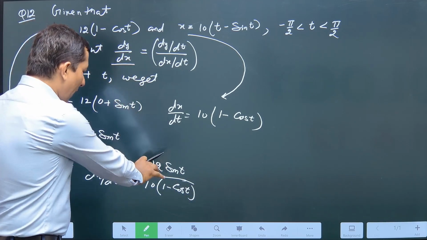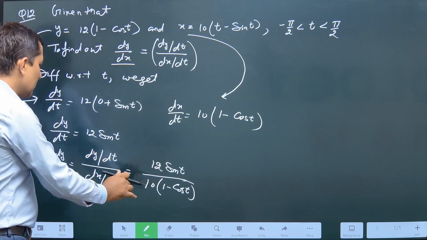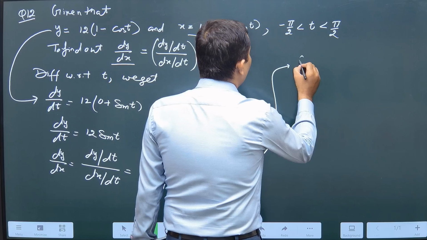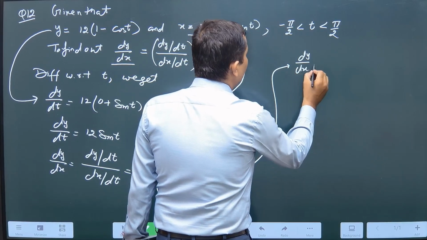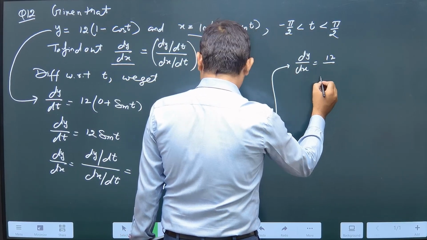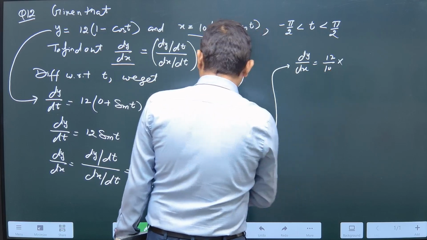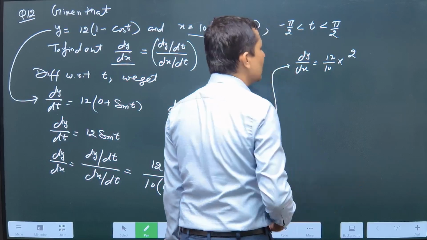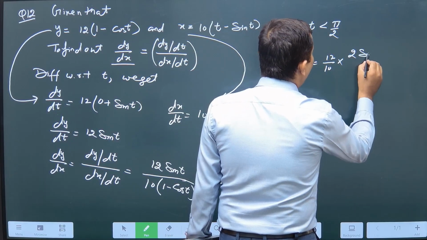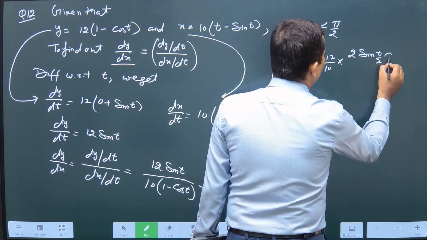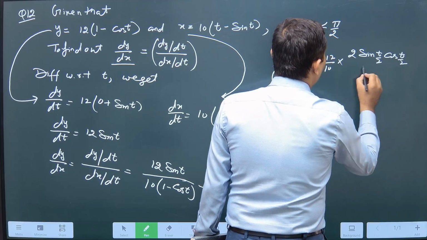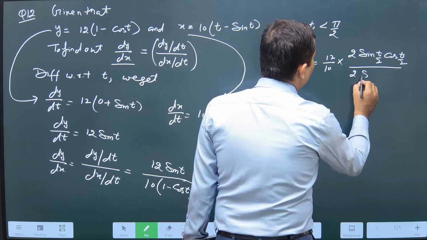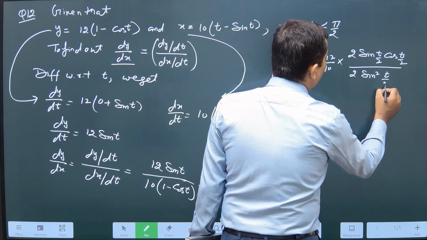You can simplify it in this way. dy upon dx is equal to 12 into sin t, apply the formula, identities: sin t is 2 sin t by 2 cos t by 2, and 1 minus cos t is 2 sin square t by 2.